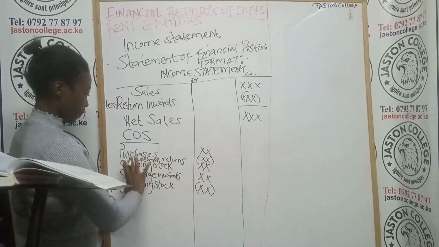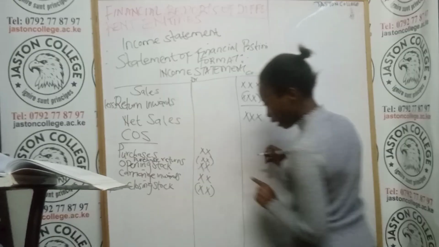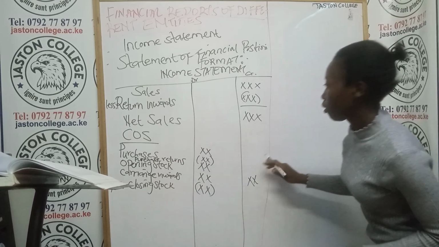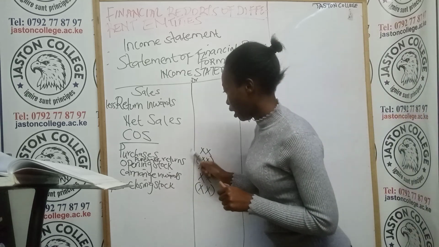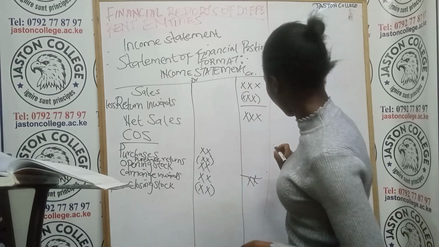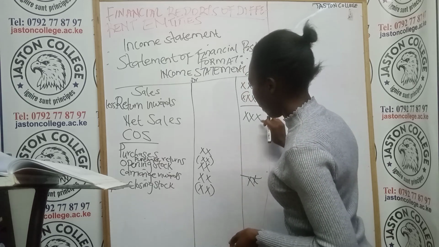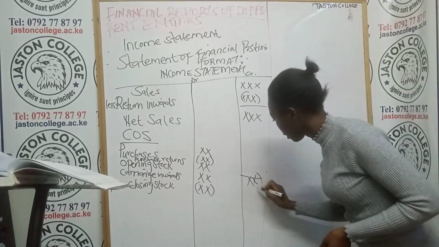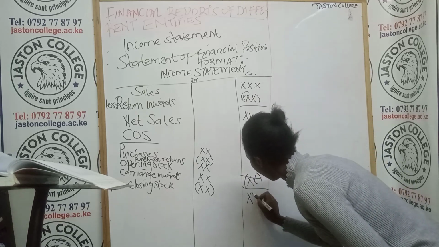So from this, we are going to get our answer over here, which is our cost of sales. Put it here. So this one, we will less from our net sales, we less our cost of sales.